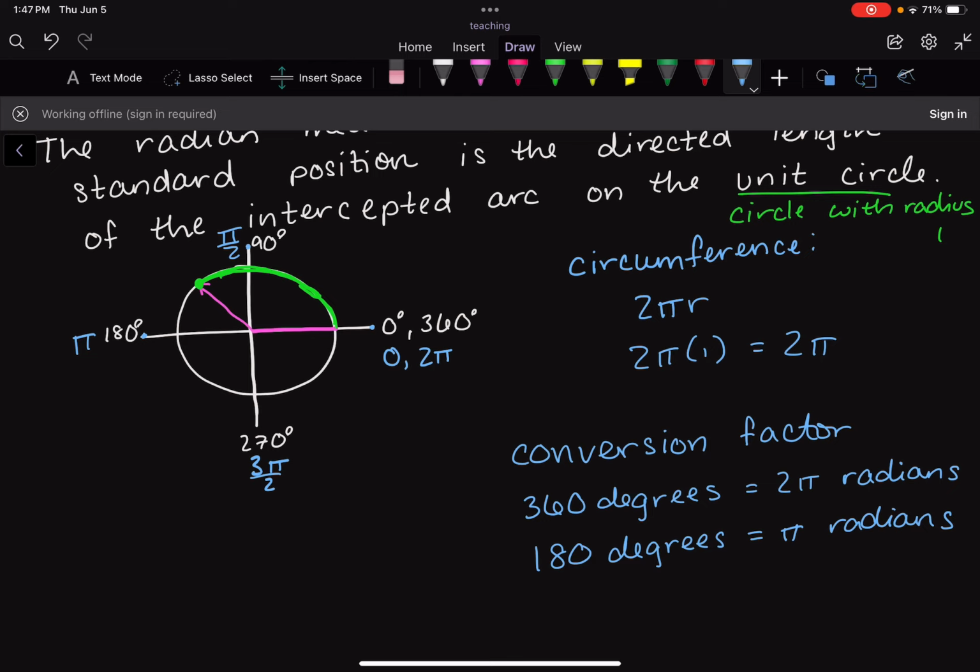So if this is 0 over here, if this is pi over 2 up here, not necessarily a point, I'm just drawing that dot to point your direction somewhere. I can write pi as 2 pi over 2. So now I see this denominator of 2.